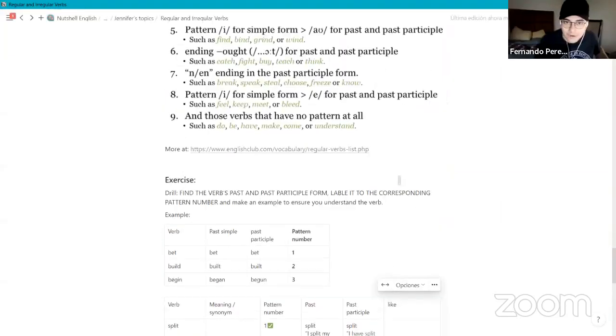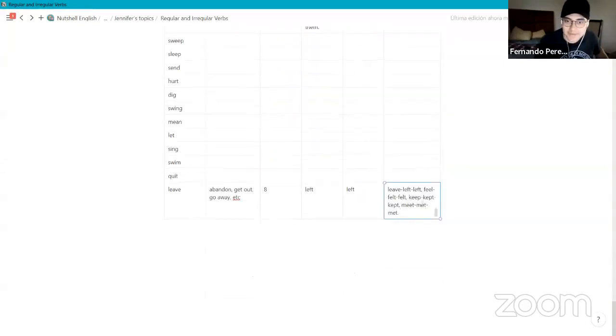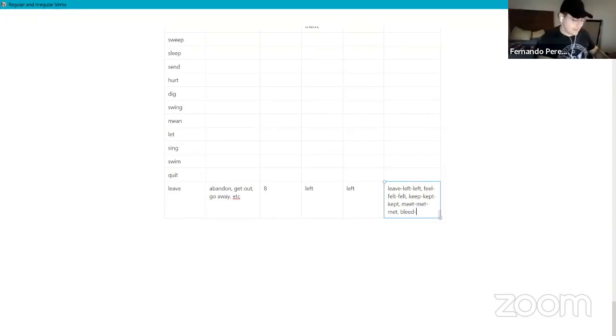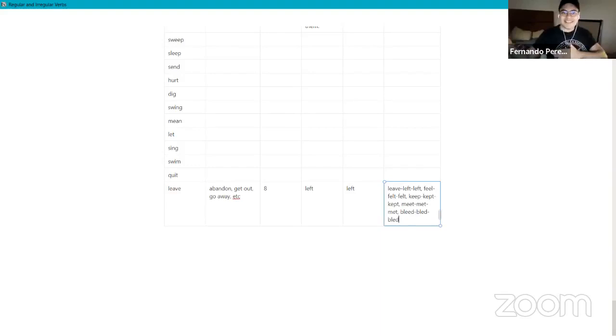And what is for bleed? I don't know, that's new. I suppose bled. Aha, because of the pattern. Thanks to the pattern, you had the ability to suppose correctly.